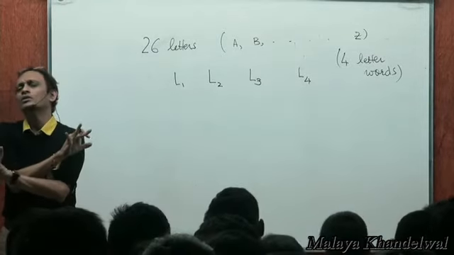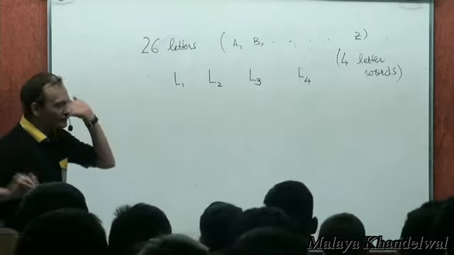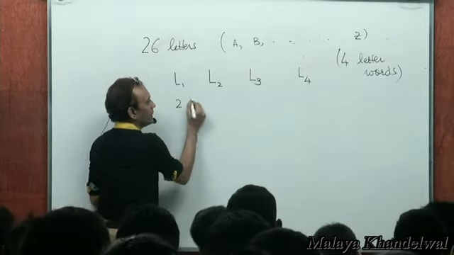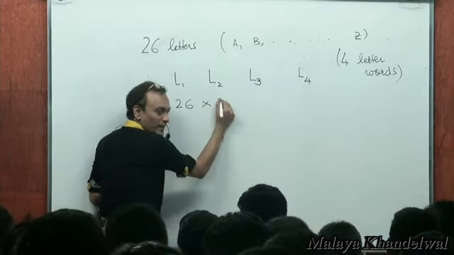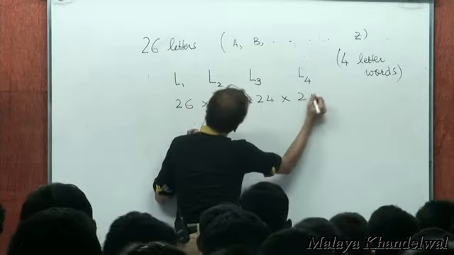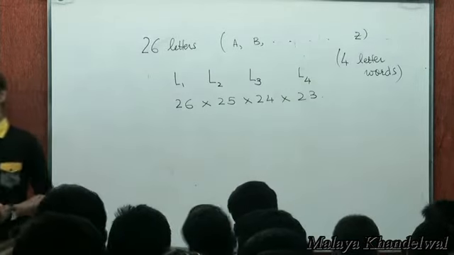Again, I am assuming I am not allowing repetition. Then of course, the first space could be filled up in 26 ways, the second in 25, the third in 24, the fourth in 23 ways. These are the number of 4-letter words that could be created.